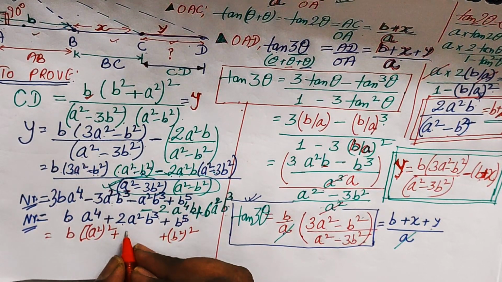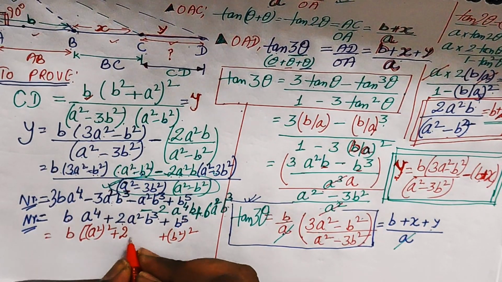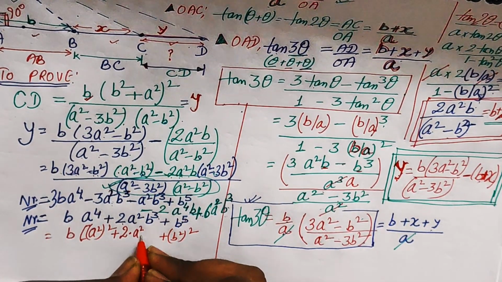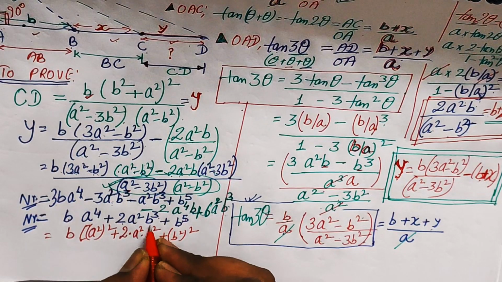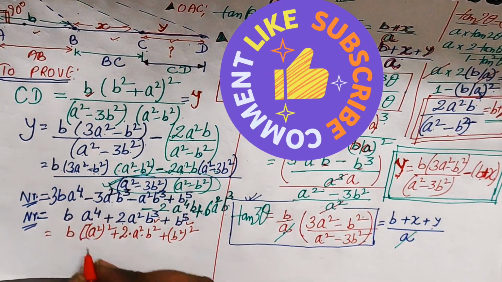So this is in the form of x plus y whole square, that is x square plus y square plus 2xy. So we can write 2 times a square into b square, because b is taken common from here, here and here.